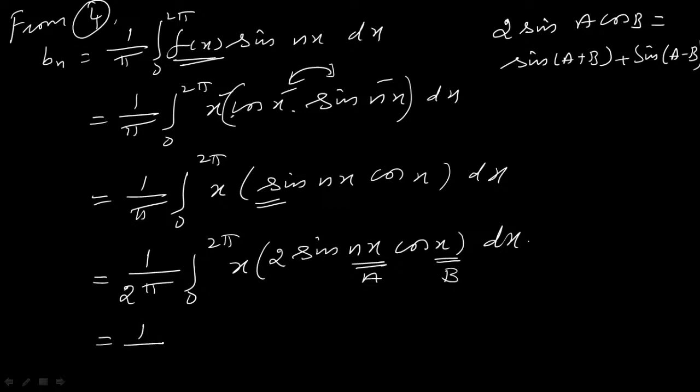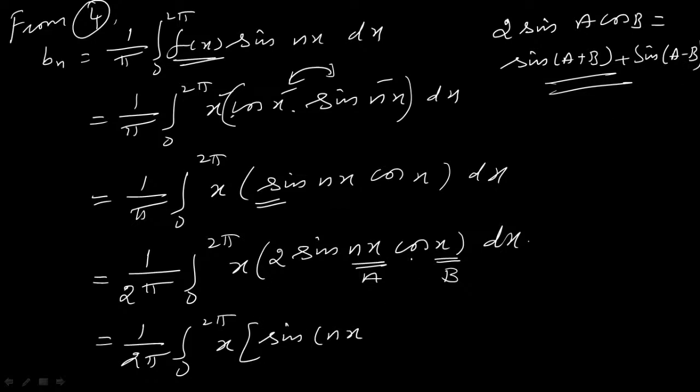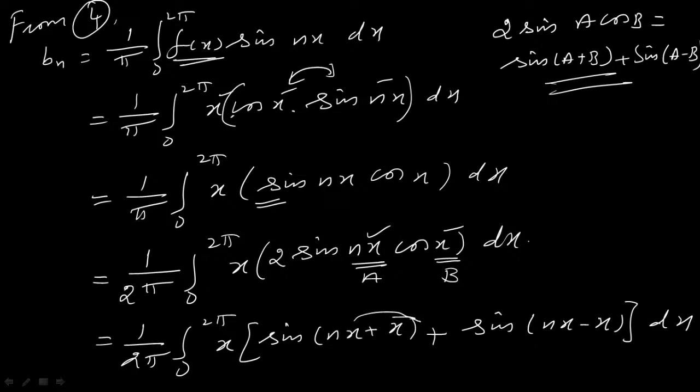So that is equal to 1 by 2 pi integral 0 to 2 pi x 2 sin a cos b. 2 sin a cos b is nothing but sin a plus b plus sin a minus b. That is sin a is nothing but nx plus b is nothing but x, sin a plus b plus sin a minus b, that is nx minus x of dx. So now what you are going to do here, you take this x outside of this parenthesis, so that will be easy for our integration.